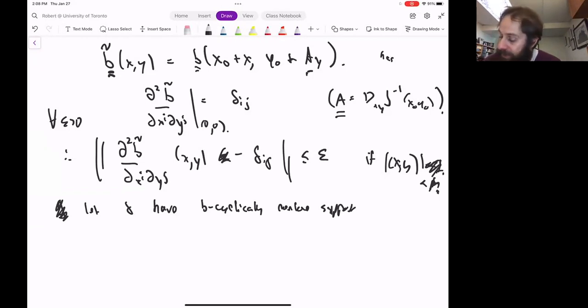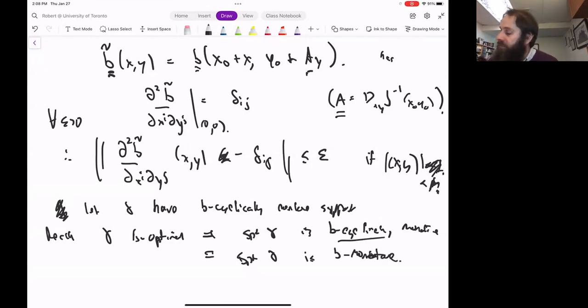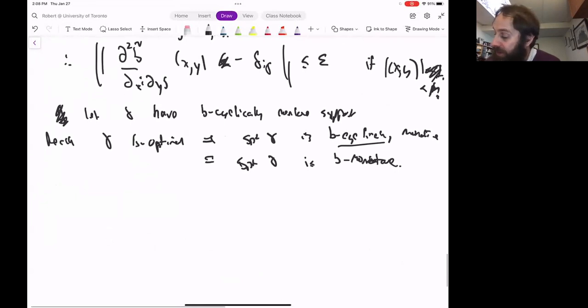So recall gamma B optimal implies support of gamma is B cyclically monotone, which implies the support of gamma is B monotone, which means I don't really need this for arbitrary cycles. I only need it for cycles of length 2.